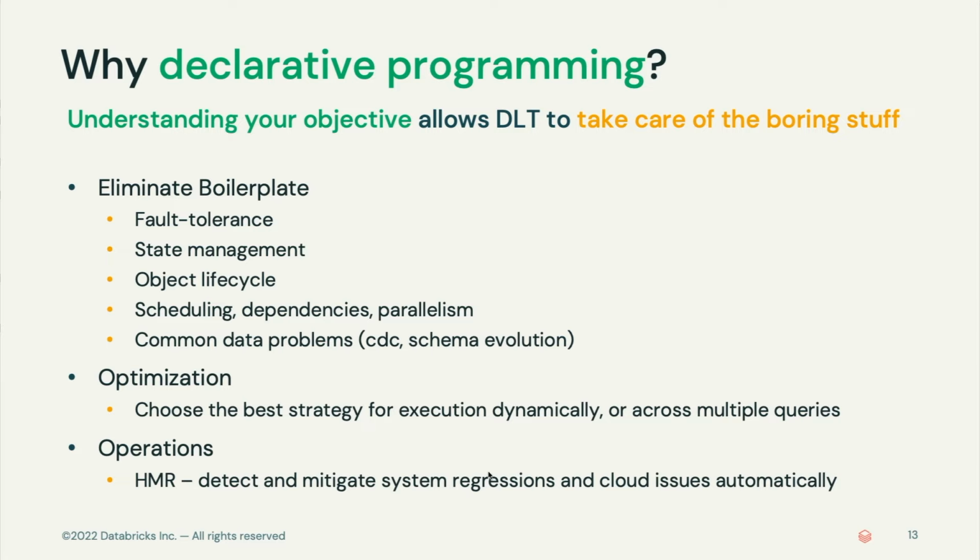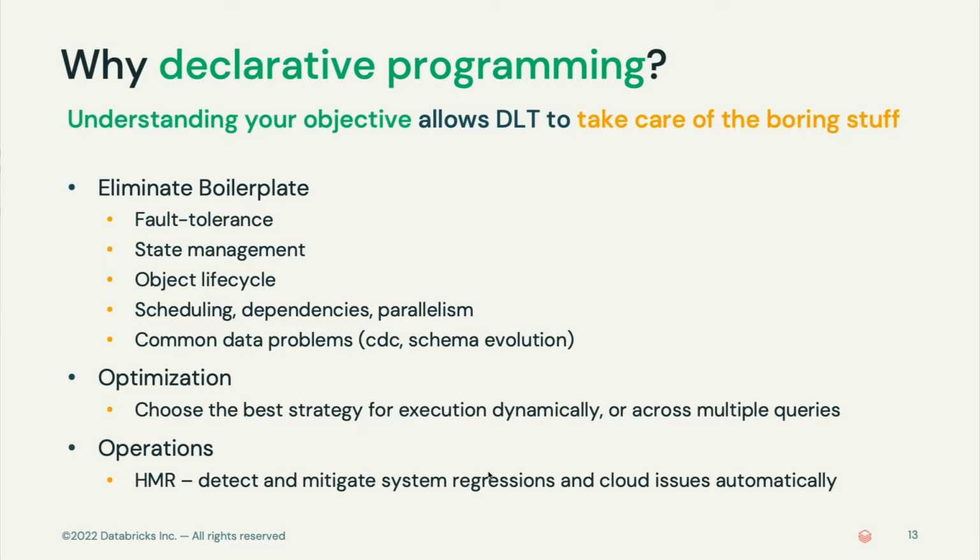So what we do is we automatically upgrade your pipelines under the covers. And if we ever detect that after an upgrade, a pipeline is failing, we will roll it back to the previous version automatically using our retries. All of our code is idempotent so that we know that this is safe. And if it works on the old version, we now have a very strong signal that there's a bug in DBR. We'll open a ticket on our side, we'll pin your pipeline to the old version, and it will keep running.